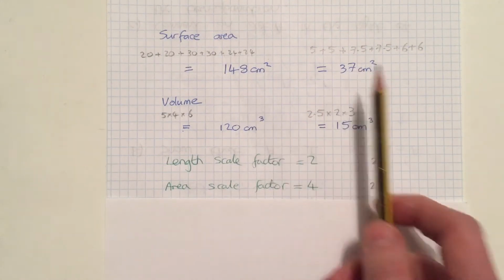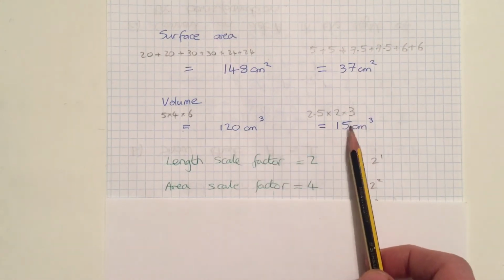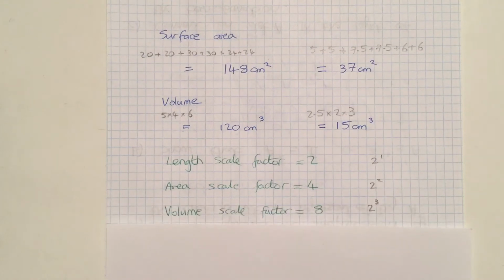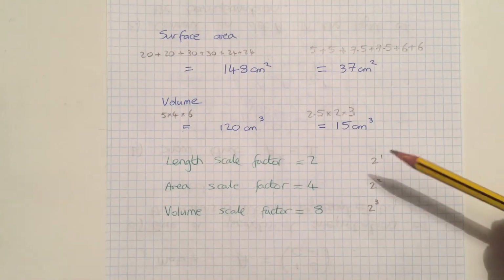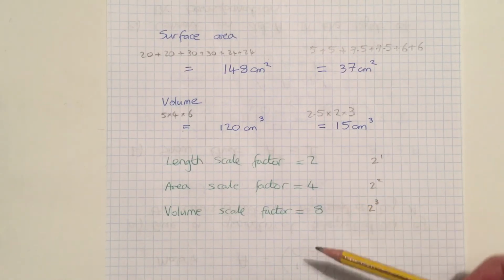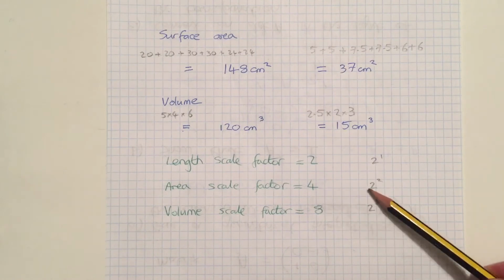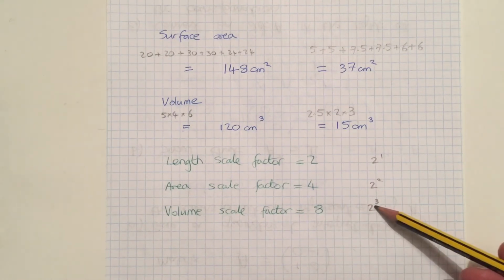This is 4 times bigger than this. And if I did 120 divided by 15, I find that the volume scale factor is 8. Now you can see over here I've rewritten these just to show you the pattern. 4 is the same thing as 2 squared, and 8 is the same thing as 2 cubed.